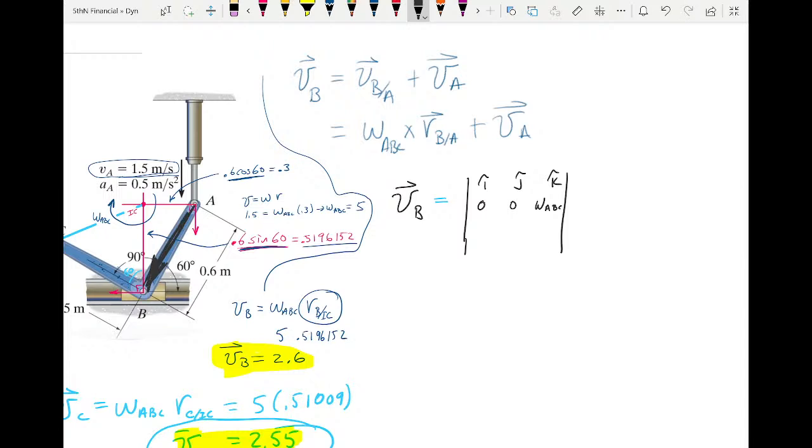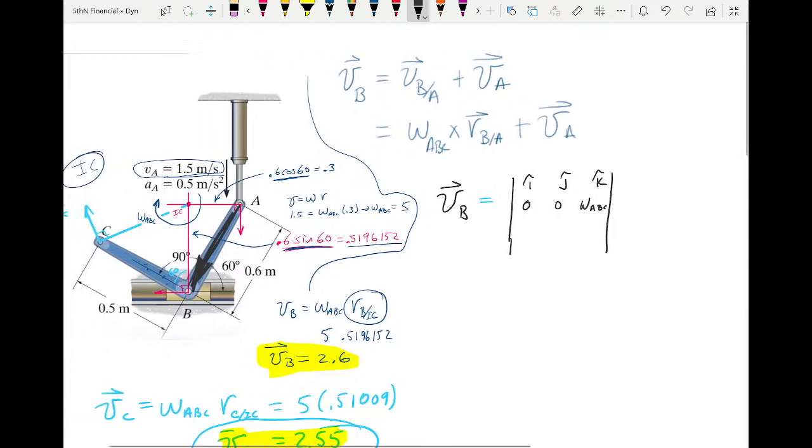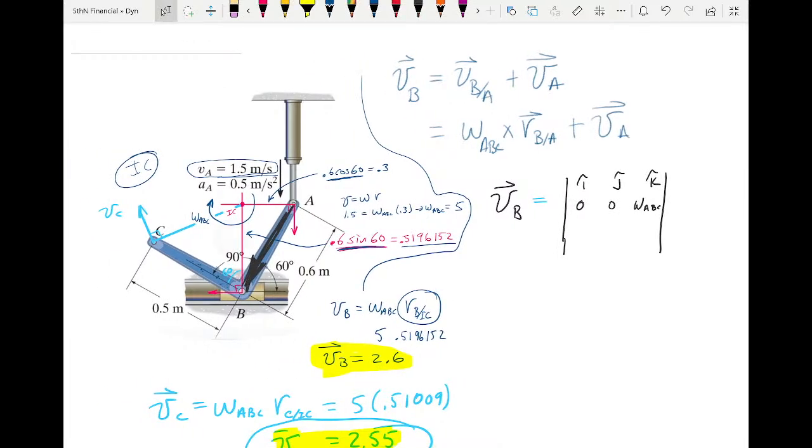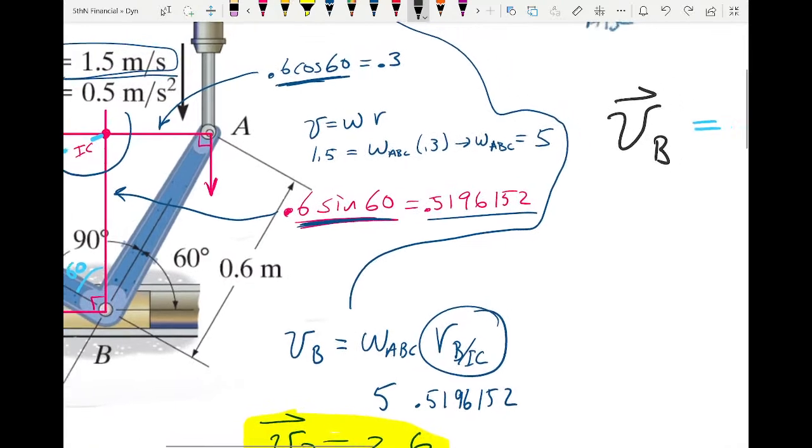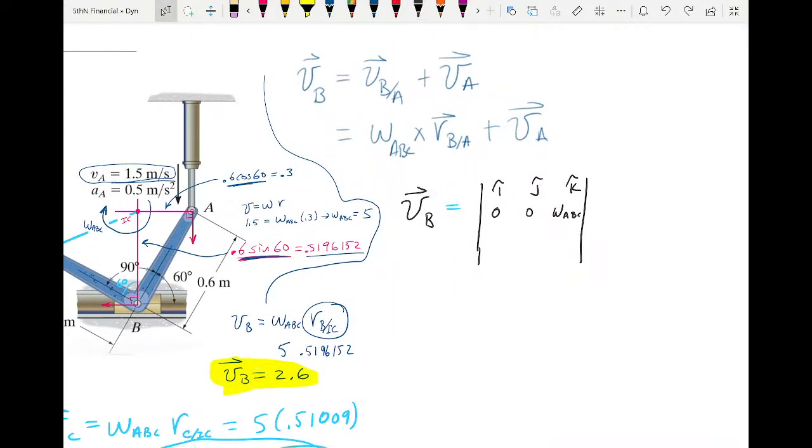Now, there's your distance. Then you've got this 60 degrees. So if you don't mind, it's 0.6.